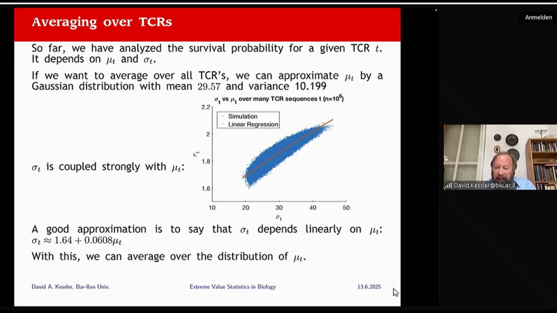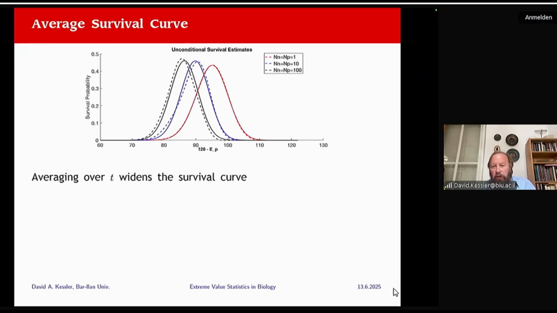Assuming that, we can average over the distribution of mu t, which is this Gaussian distribution. When we do all that, you get the following results. Again, the quality is not perfect, but it's quite acceptable. So we have calculated the probability of surviving as a function of EP for a fixed difference between EP and EN. That was a nice exercise.